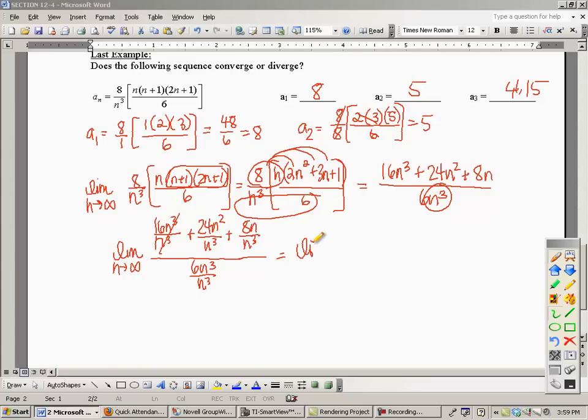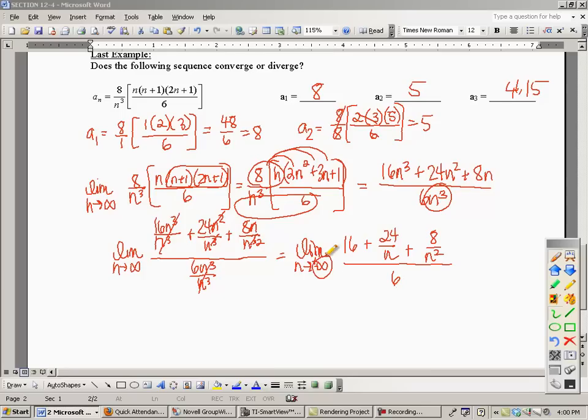So I take the limit as n approaches infinity. 16 plus, 2 of them cancels with that, so I've got 24 over n. 1 cancels with 1, so that's 2, so 8 over n squared, all over 6.